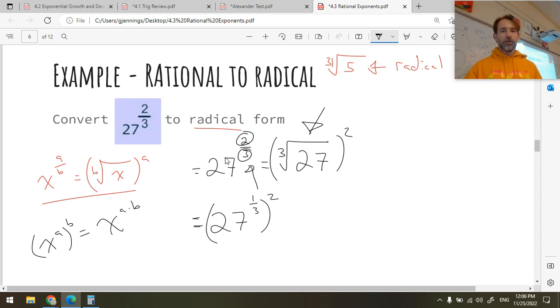And now I can evaluate either the third root of 27, what number multiplied by itself 3 times gives me 27? 3. So let's rewrite that. Notice it's the same problem there as it is there. 27 to the 1/3 means find me the thing that when multiplied by itself 3 times gives me 27. Whether I write it one way or another, it's the same.